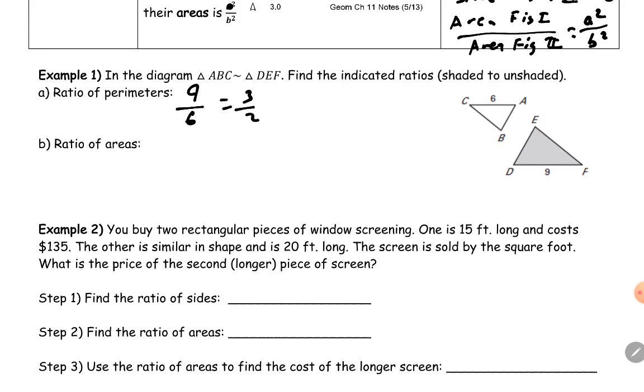That would be the ratio of sides, and the ratio of sides is also the ratio of perimeters.